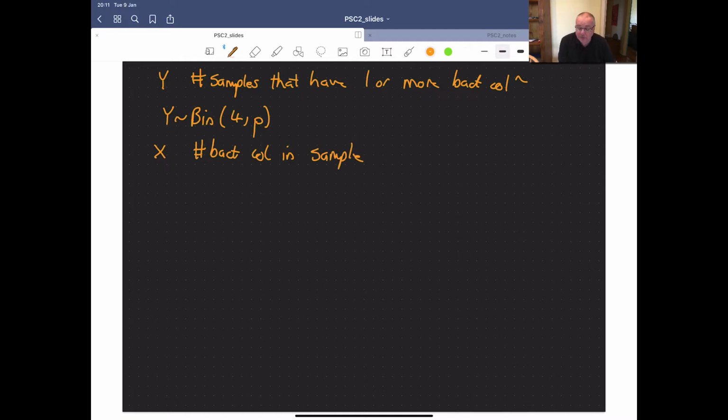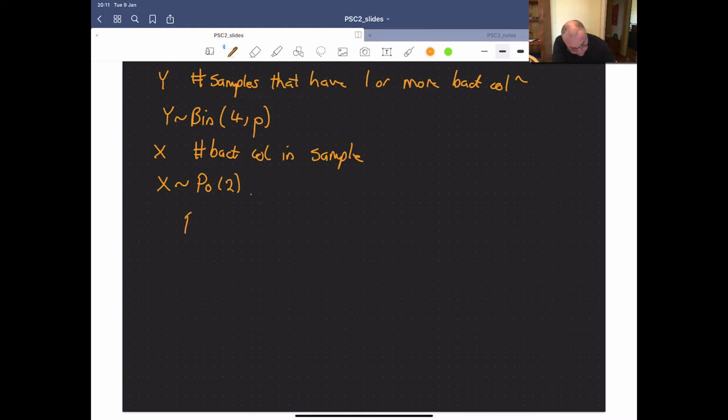Well, each sample is 1 centimetre cubed, so x is Poisson 2. So it's sort of like y depends on a parameter p, and we get the p from another random variable x. So you've got these layers, which is why we call it a hierarchy. So first of all, what do we need? We need to work out p.